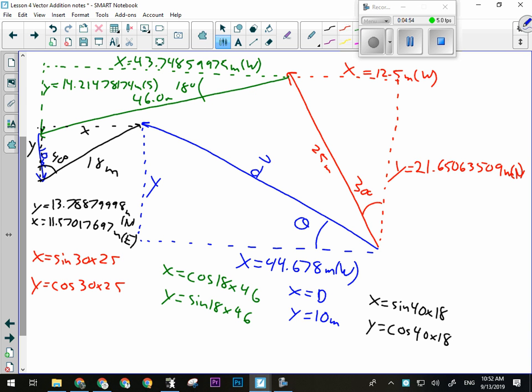Now I've got to do all the same things with the y components. I'm going to make north positive, and south negative when I do that.